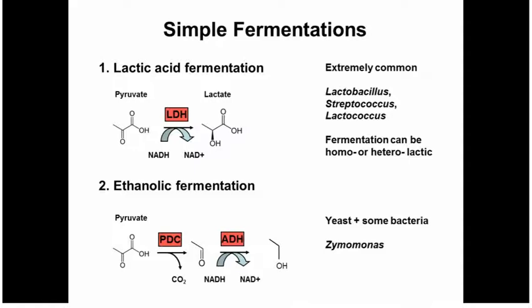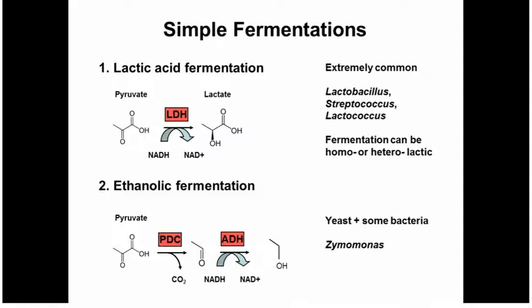Some bacteria can do this, but they are not important in the food industry. There are some attempts to engineer bacteria that can produce ethanol by fermentation, so that they can use things like cellulose as the carbon source.